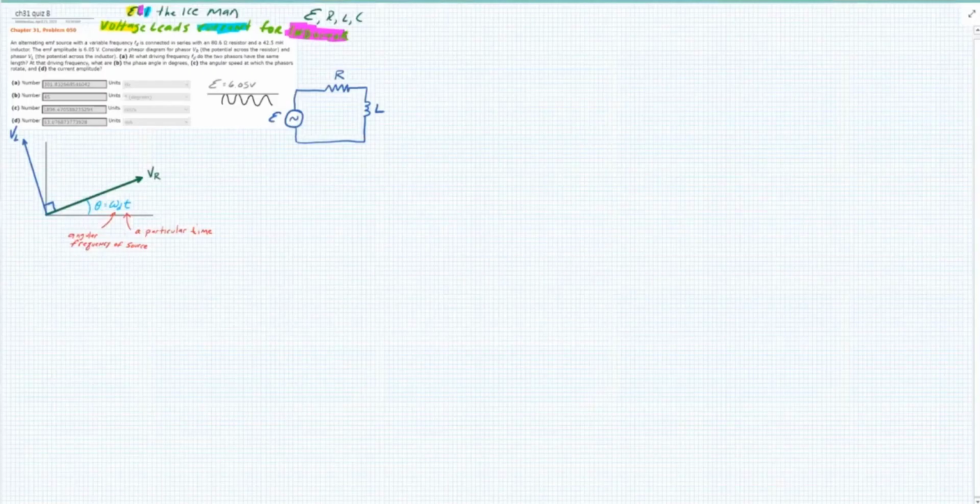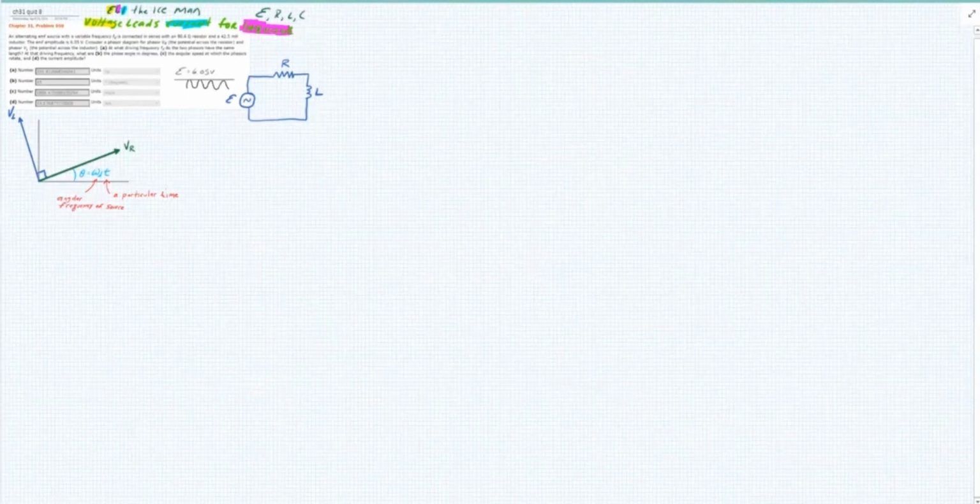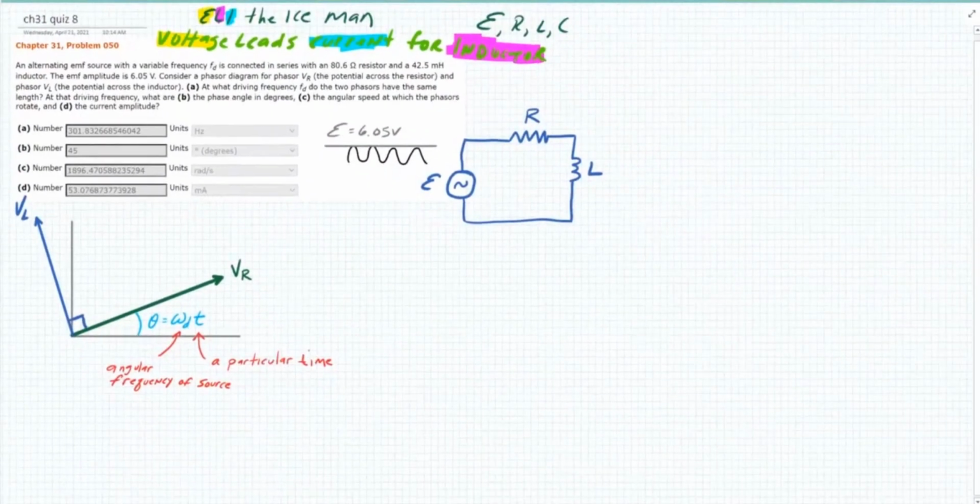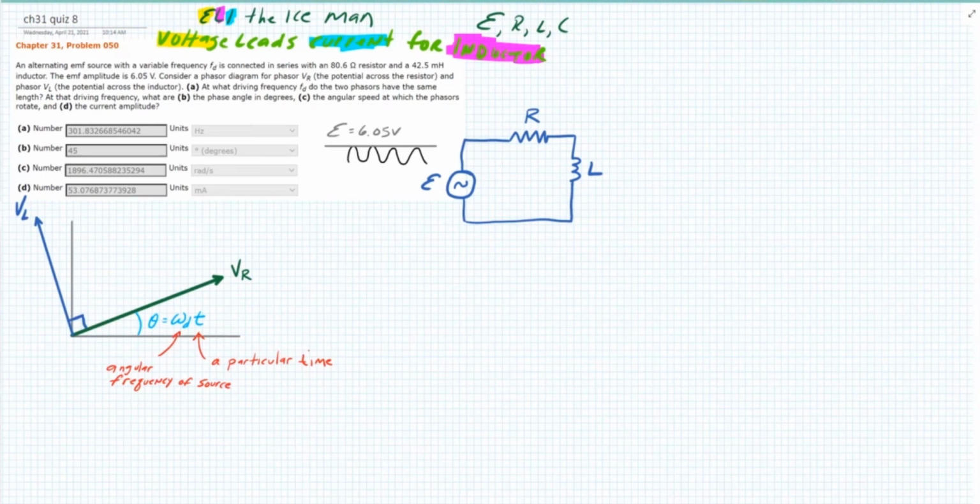But your pushback would be, well, Chris, you're showing the voltage across the inductor leading the voltage across the resistor by 90 degrees, and ELI the ICE man says that inductor voltage leads current. So I need to do one more little current. I'm going to draw this. This red vector is I.